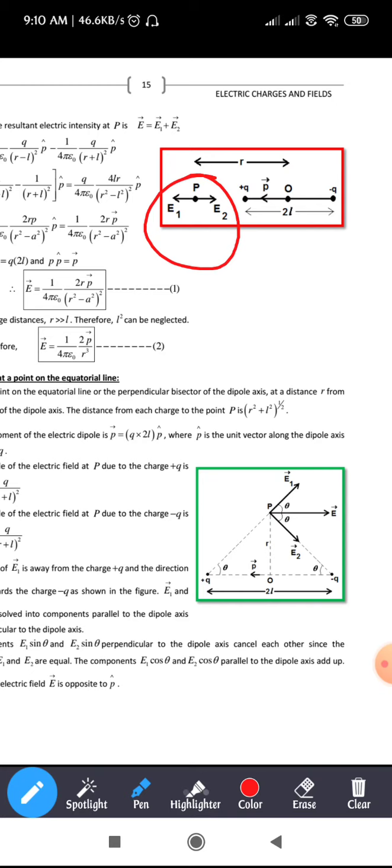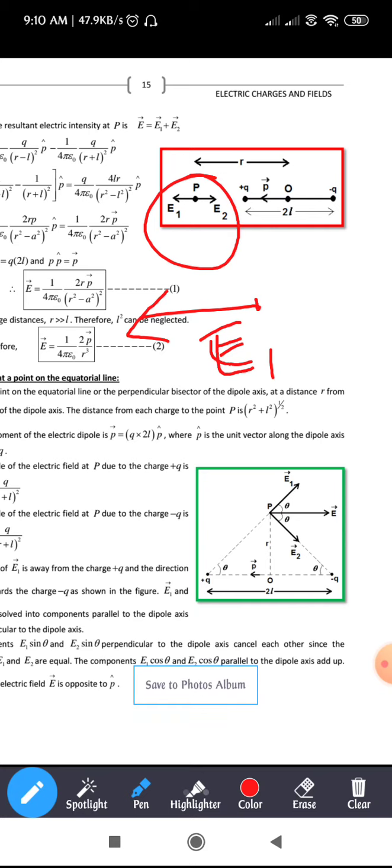It is opposite because when you take the positive charge, the direction of electric field lines is always directed outward. So the electric field is directed radially outward and it is denoted by E1. This is the electric field due to the charge plus Q. Next, you can see E2 is directed opposite to that of E1, because the electric field due to the negative charge will always be directed inward.